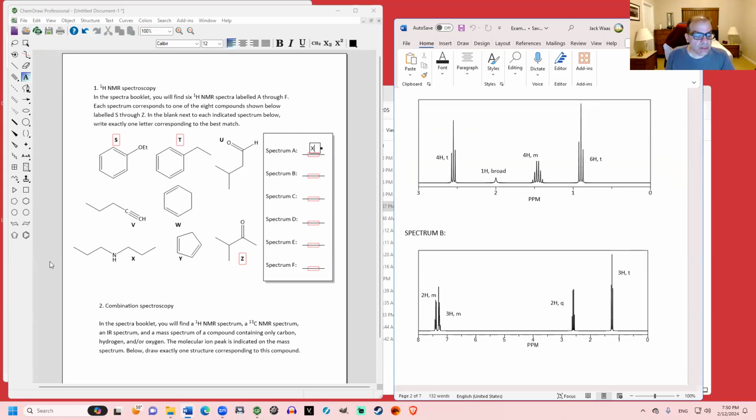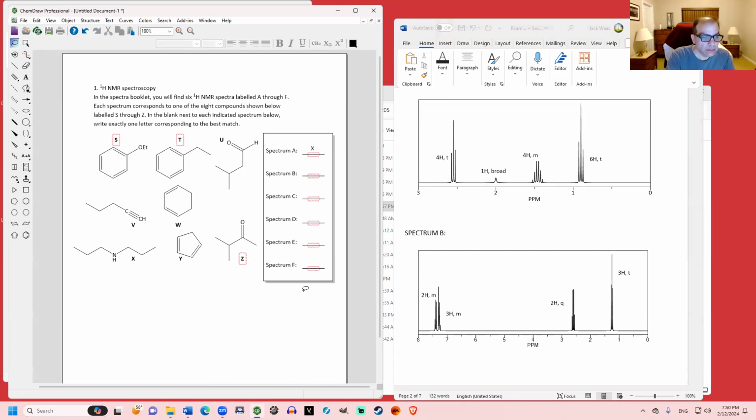Spectrum B has 5 protons in the aromatic range, plus a triplet and a quartet in the upfield range.